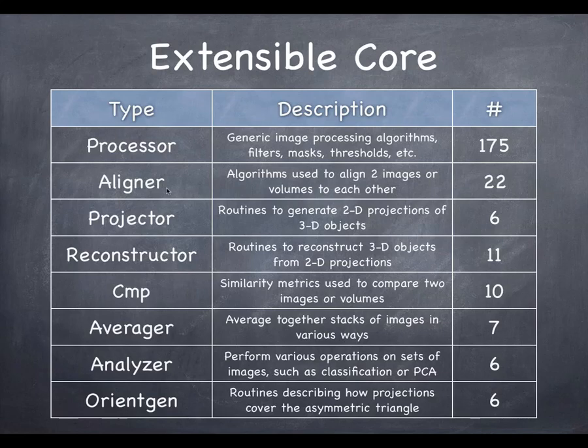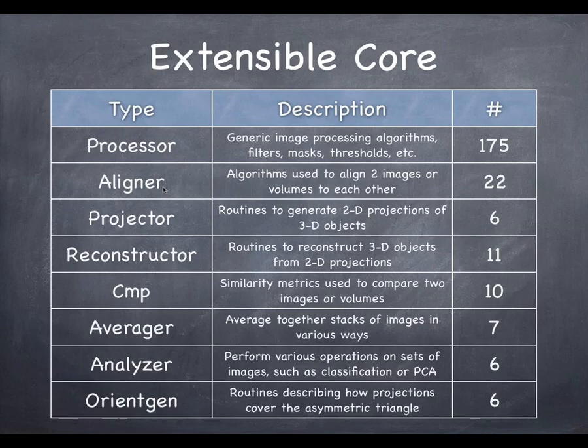But then there are aligners, which will take two images in 2D or 3D and bring them into registration with each other. Projectors, which are used to take 3D volumetric data and make two-dimensional projections of the data in particular orientations. Reconstructors, which do the opposite. If you have a set of projections, it'll do a 3D reconstruction. And that's the task that's used in both cryo-EM and X-ray crystallography to get a three-dimensional volume in real space out of Fourier space data that you've collected.